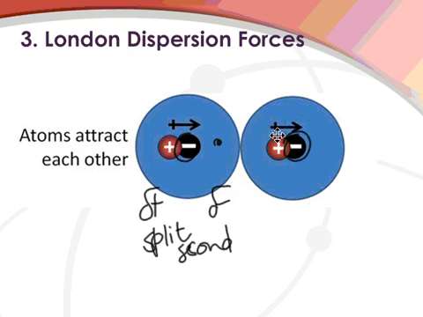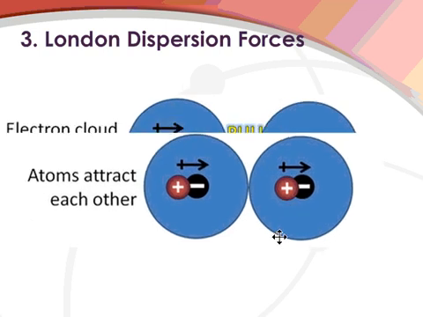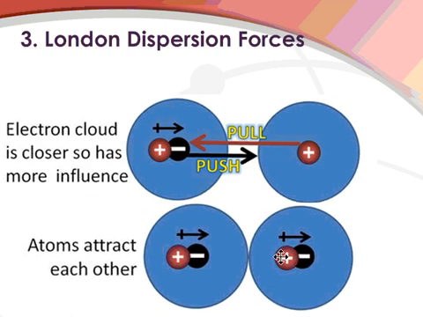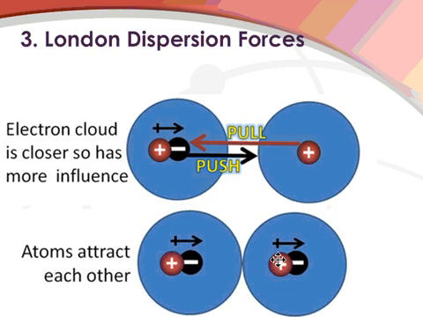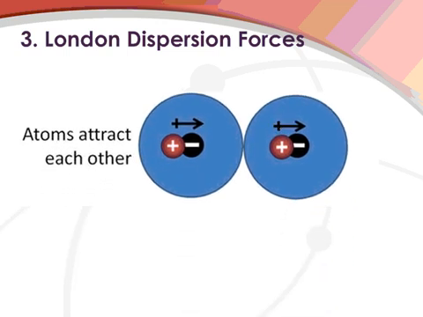Now, if I take out all my pretty drawings for a sec, this is what ends up happening. The electron cloud that is closer has more influence, and you do get a little bit of a push and a pull, but again, remember this only happens for a split second. That's what a London dispersion force is.